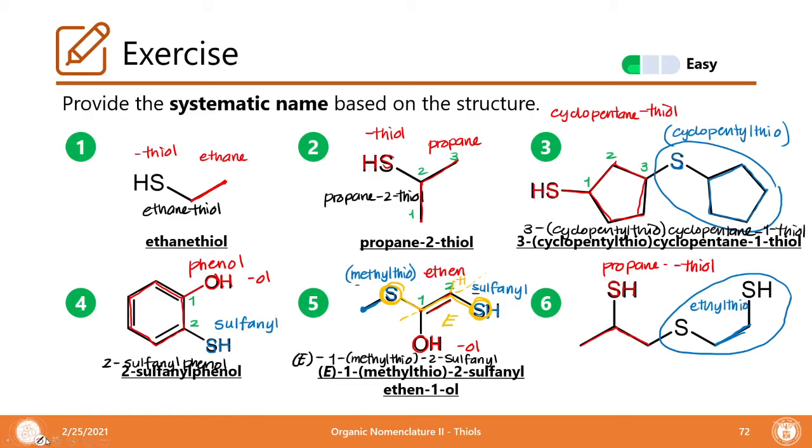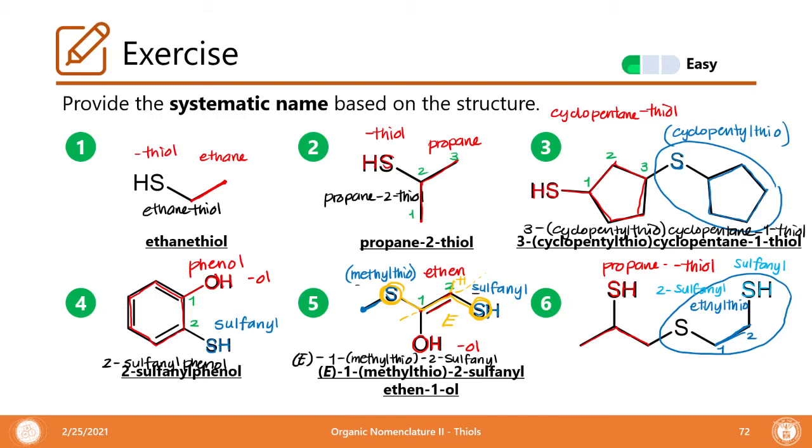Of that ethyl thio, we have position 1 and 2. We have a sulfanyl. SH is sulfanyl. So 2-sulfanyl.